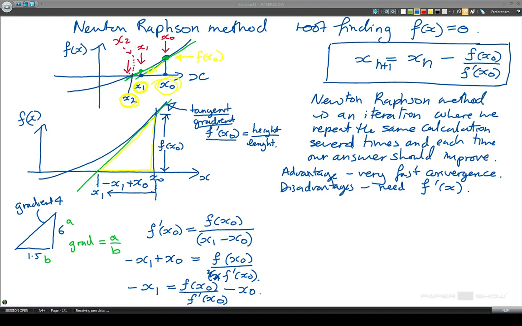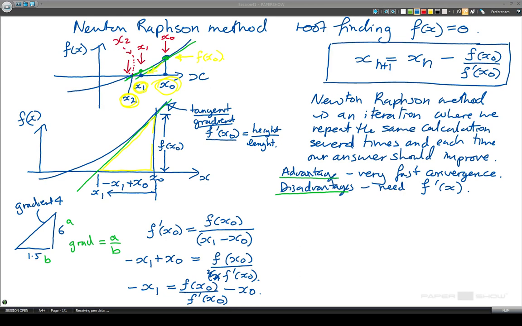And if we can't find the gradient, then that makes it sort of impossible really to use this method. The reason this method works so well is because if we can differentiate the function to get the gradient, the gradient sort of points us to a really good next guess on each step. So that's what makes it so fast, but it's also a disadvantage because if you can't readily get the gradient function, then that's a problem.